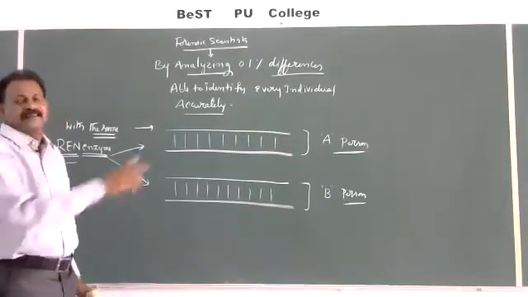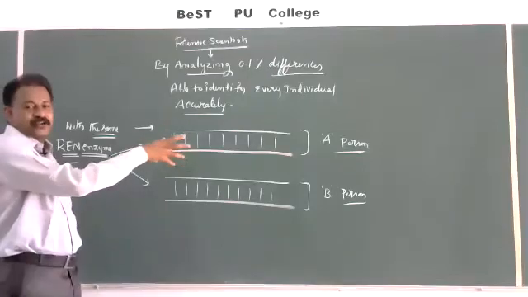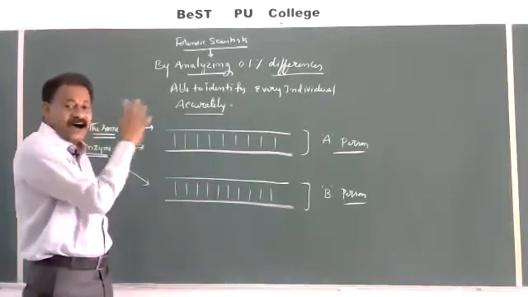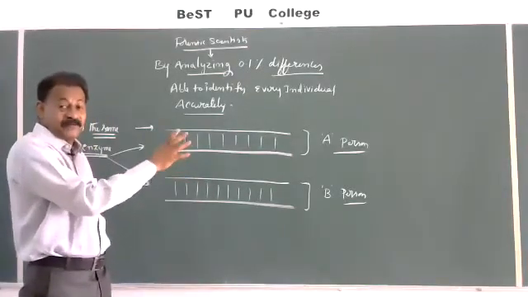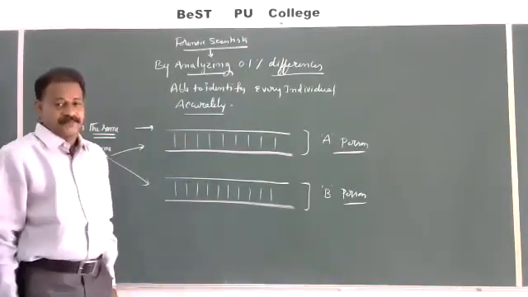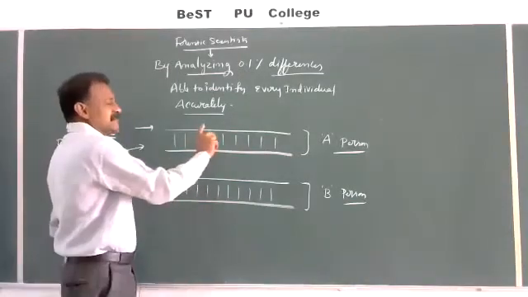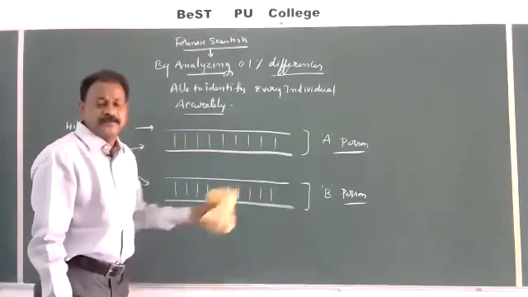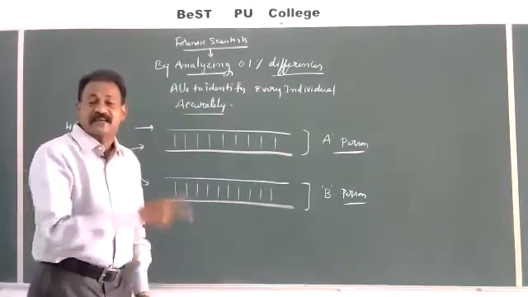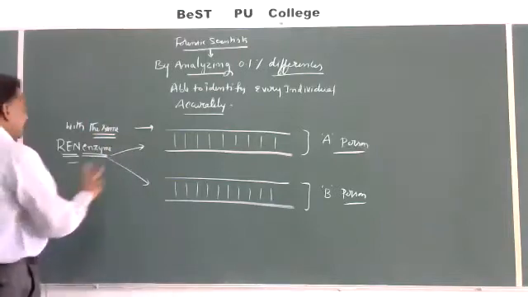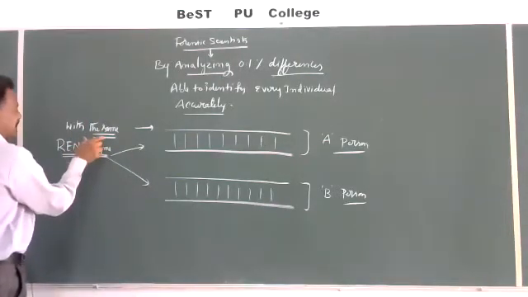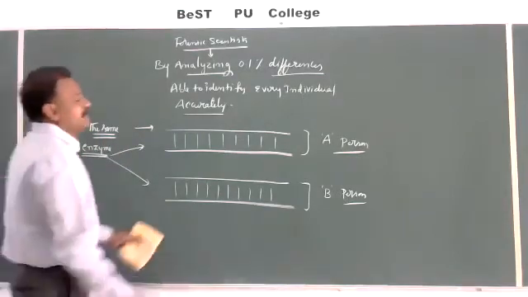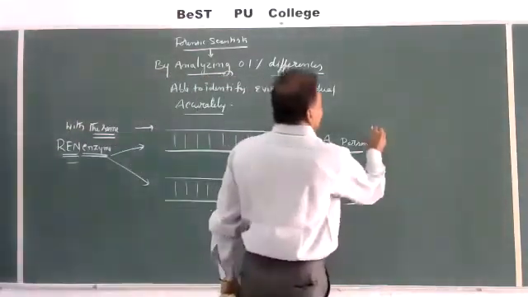Where will it cut? Only those areas which are called restriction sites or recognition sites, where the palindromic DNAs are. Repetitive DNAs are flanked on both sides by specific palindromic sequences. These palindromic sequences are called restriction sites, and they will cut. After applying the same enzyme to both DNAs, we will get different pieces.